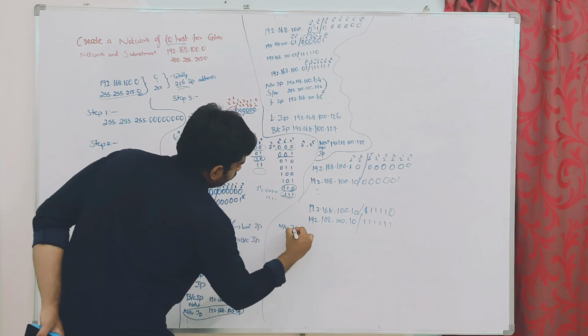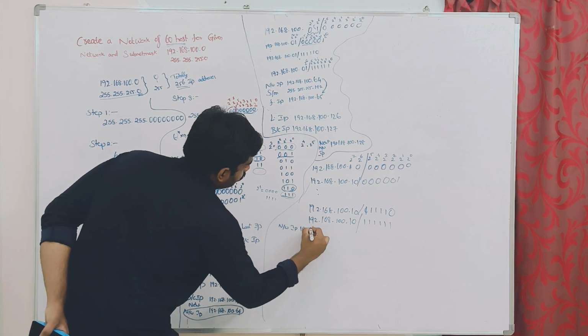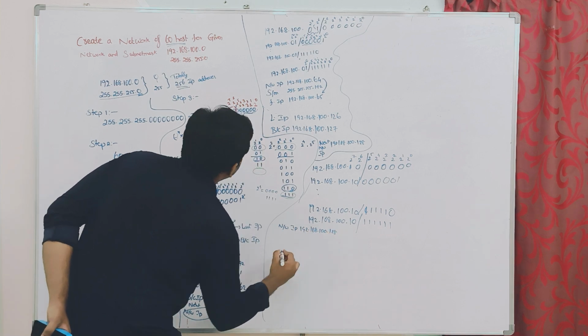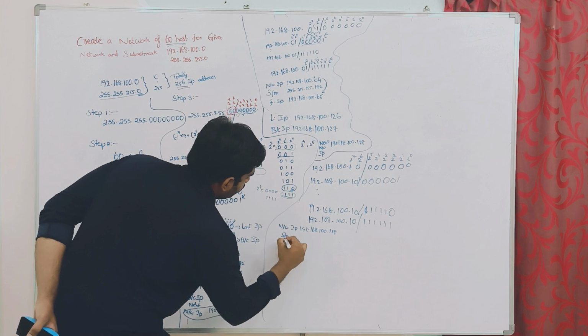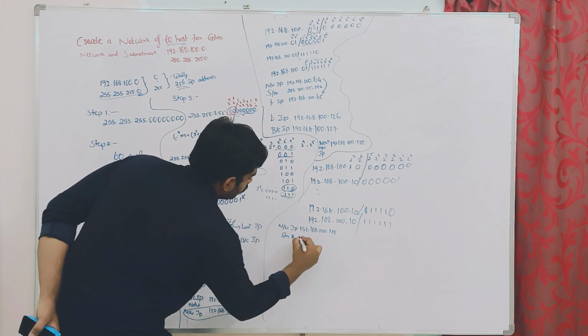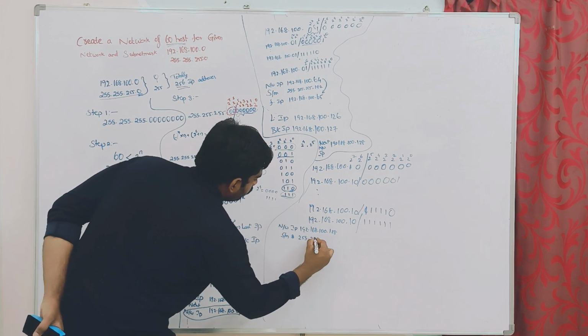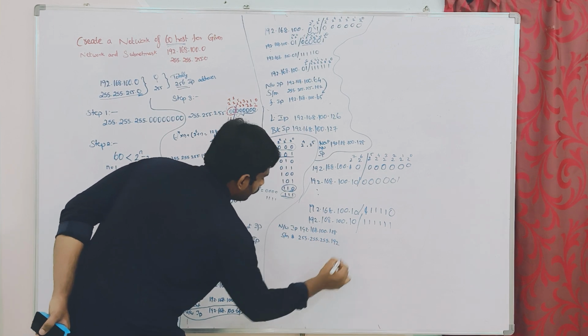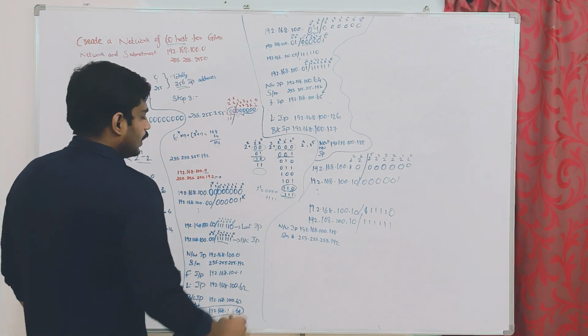So the network IP is equal to 192.168.100.128 and the subnet mask will be 255.255.255.192.